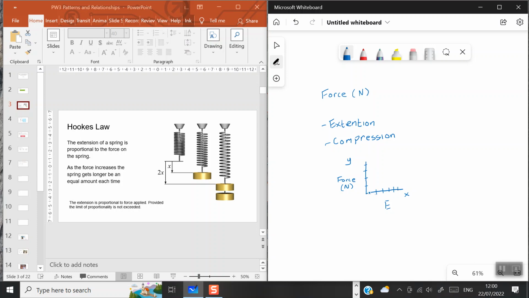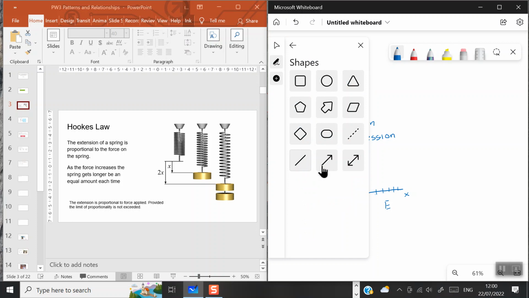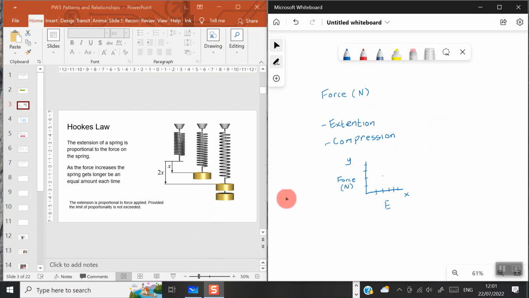Well, we will get this predictable pattern. The extension will happen in a uniform way, so you'll get a straight line like this.